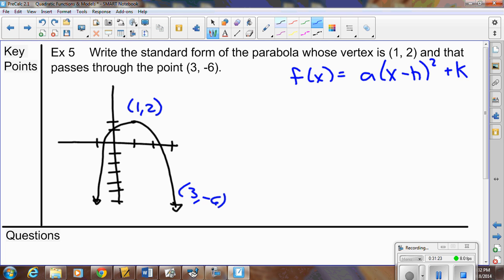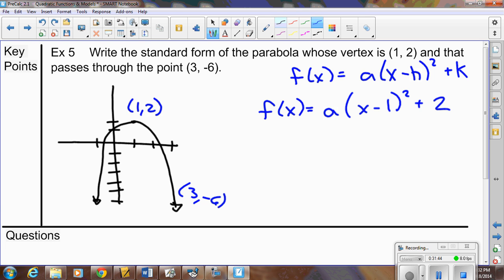And so we can get that. We can plug in h and k. The x value for the vertex is 1, and the k value is 2. Here is our function in standard form.